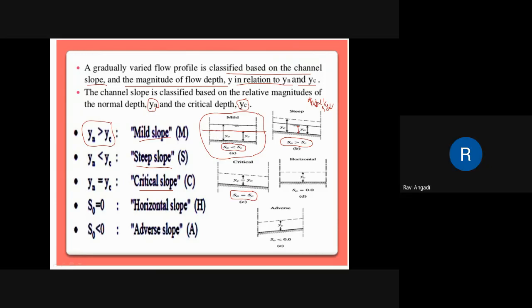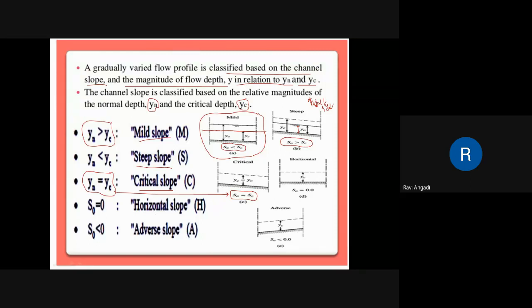All of you understood the M, S, C slopes. M means mild slope, S means steep slope, C means critical slope. So what is the condition for the critical slope? Yn equal to Yc, and at the same time, the bed slope of the channel is equal to the slope of the energy gradient line.